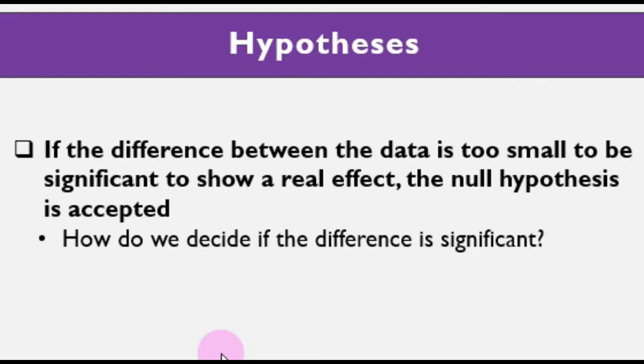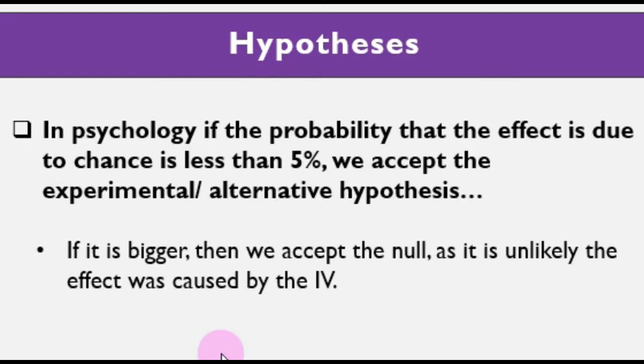So, paano natin malalaman if the difference is significant? Okay? In psychology, napasok dito yung 0.05 or the 5%. Okay? We accept the experimental or the alternative hypothesis kapag pumasok siya sa 5% or 0.05.